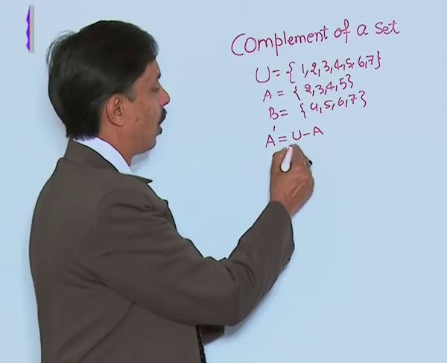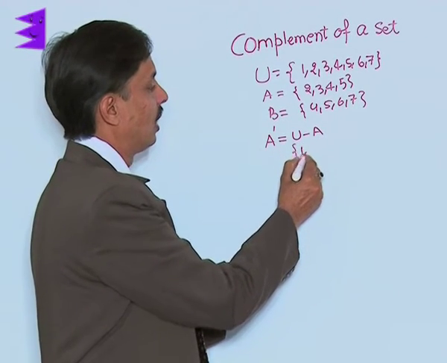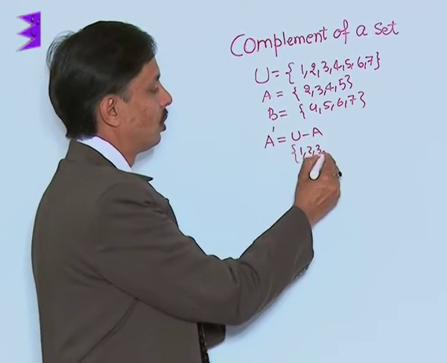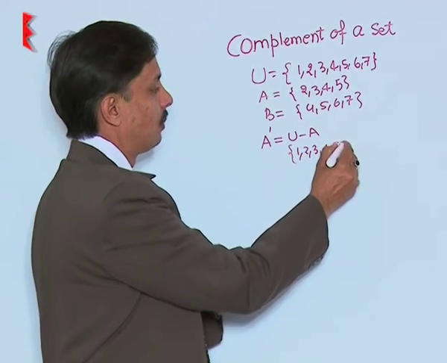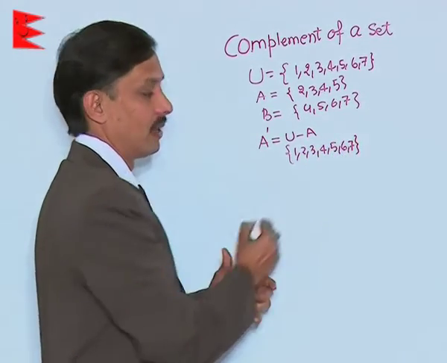So the elements belonging to the universal set are 1, 2, 3, 4, 5, 6 and 7.